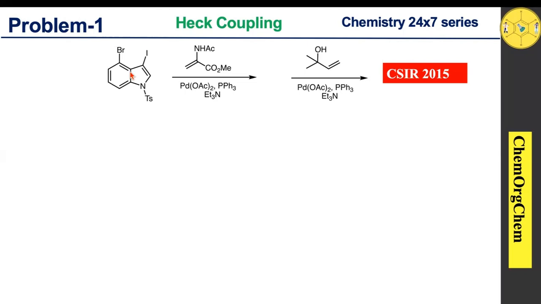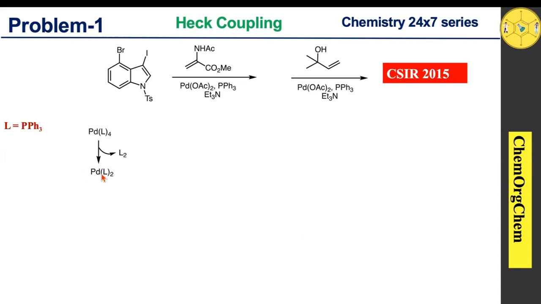Now coming to our problem. The first step of the reaction is the generation of the active palladium catalyst. In this reaction, the active catalyst is palladium zero. Therefore, palladium acetate and triphenylphosphine react together to generate the palladium zero active catalyst.